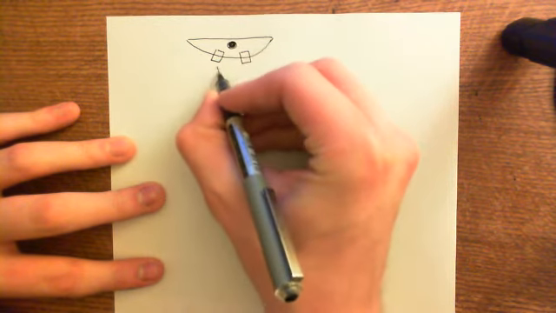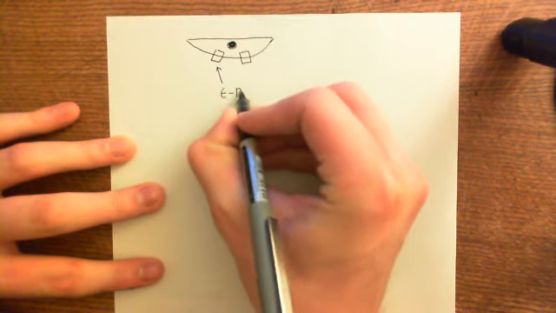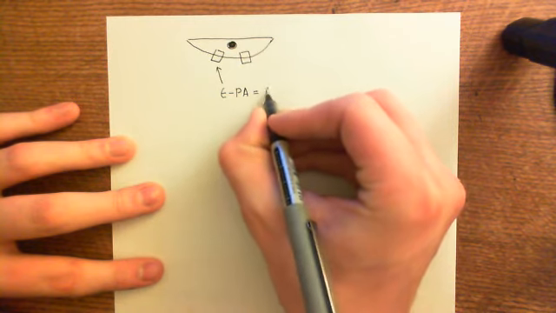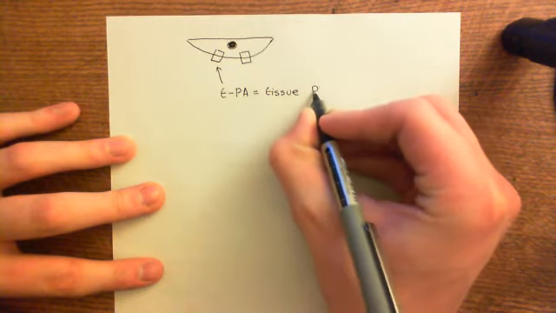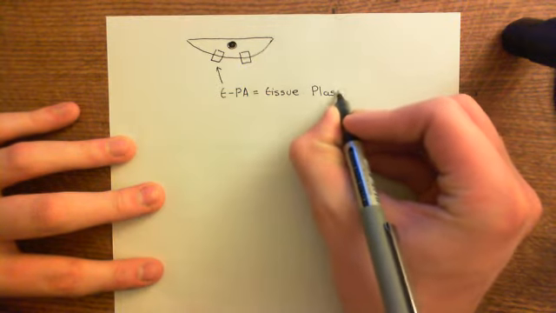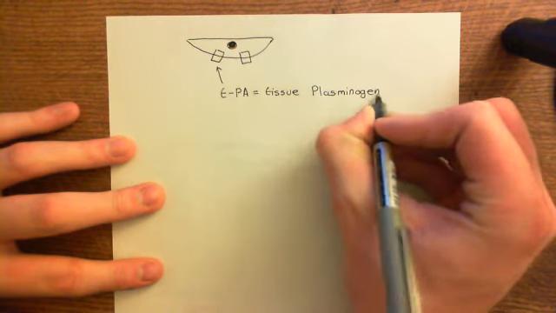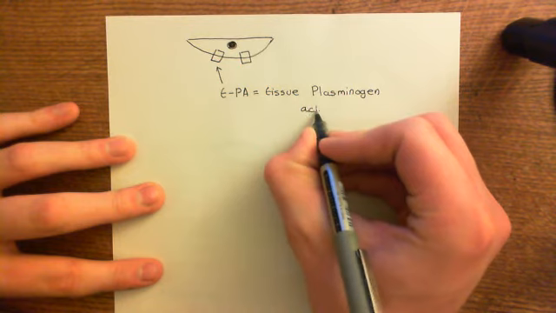One of these enzymes is known as tissue plasminogen activator, or TPA for short. This stands for tissue plasminogen activator, and this tells you exactly what it's going to do. It's going to activate plasminogen. And I'll tell you what plasminogen is in a moment.